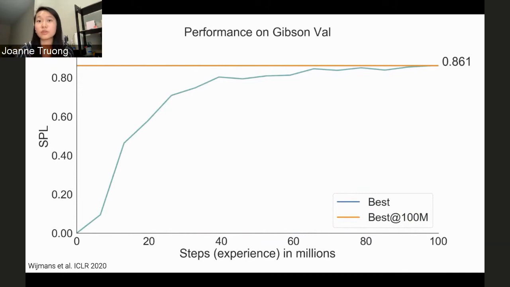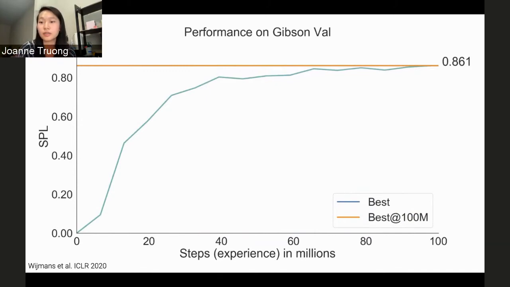And prior works have shown that training the robot out to 100 million steps, you're able to get 0.86 SPL, which is relatively high. But what we want to see is what would happen if we were to scale this out. So if we're able to scale our learning algorithm, how much would the performance improve? And this is work done by someone else in my lab, Eric Wijmans.